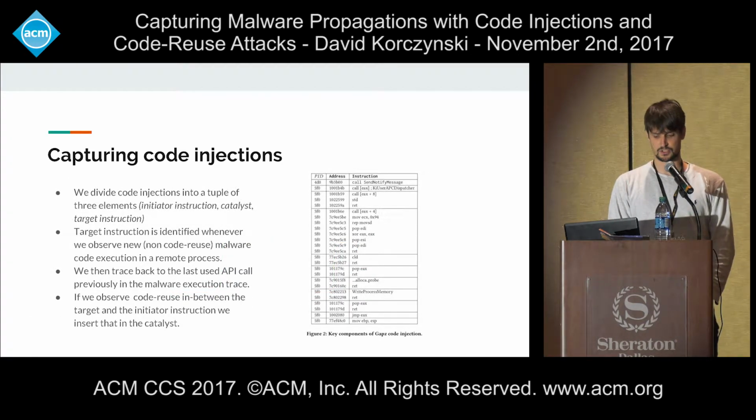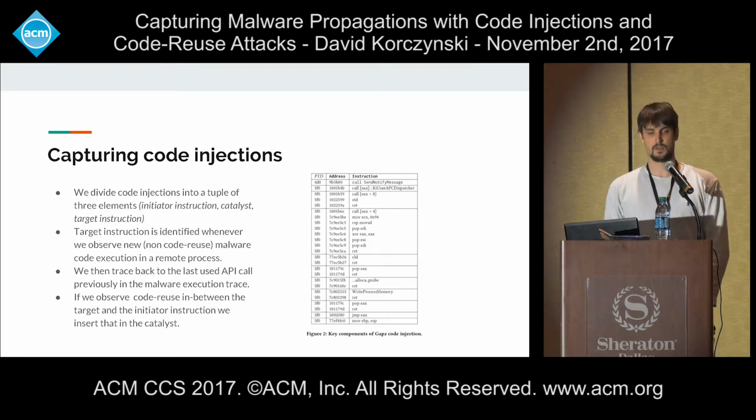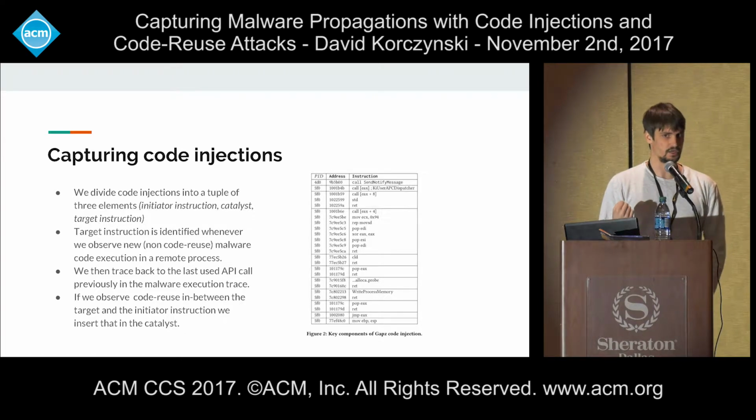The target instruction is identified whenever we observe new, I should say non-code reuse, malware code execution in a remote process. When we have identified a target instruction, we trace back in the malware execution trace to the first API call that branches to something different than something in the malware execution trace, and label that as the initiator instruction.